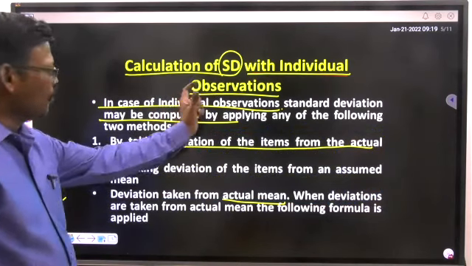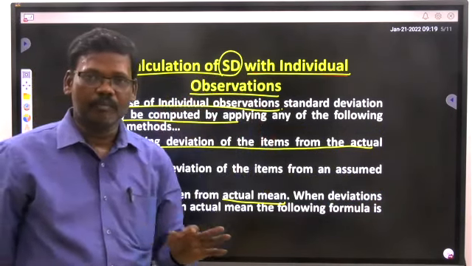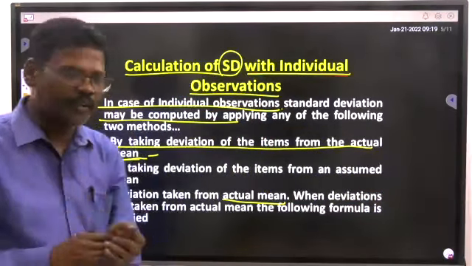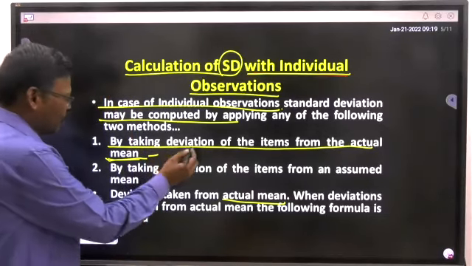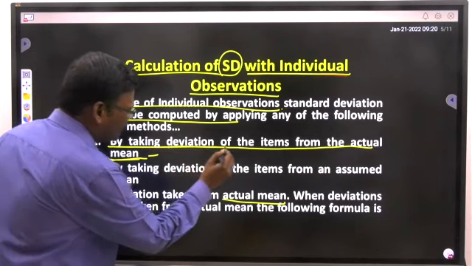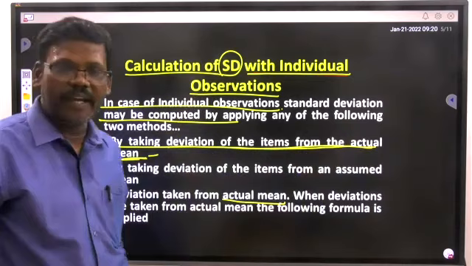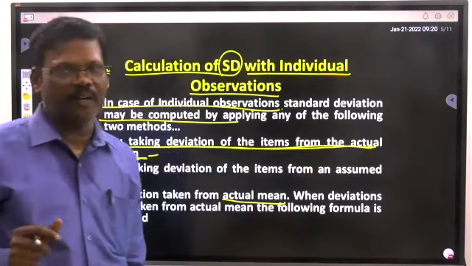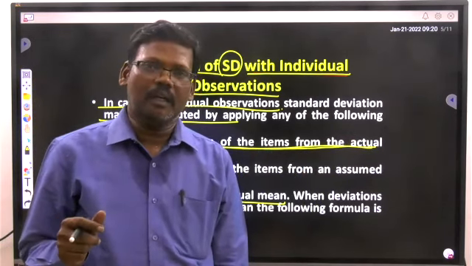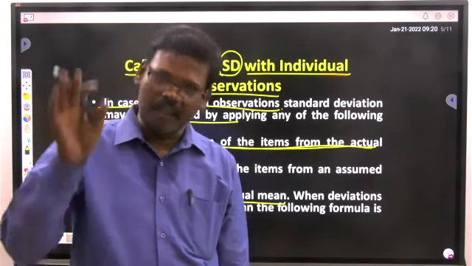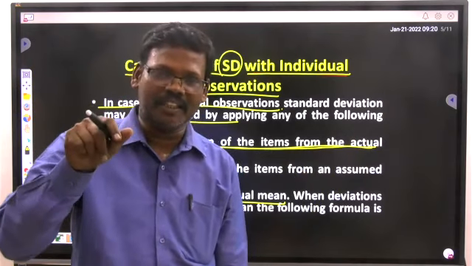Whenever we are calculating the standard deviation, we have to follow these steps. First, we take the deviation of the items from the actual mean, which here means the arithmetic mean. How do we find the arithmetic mean in the individual series?